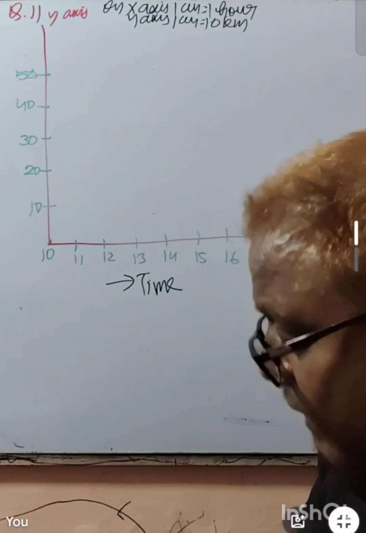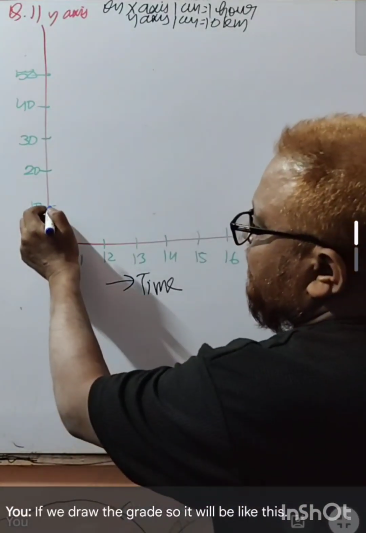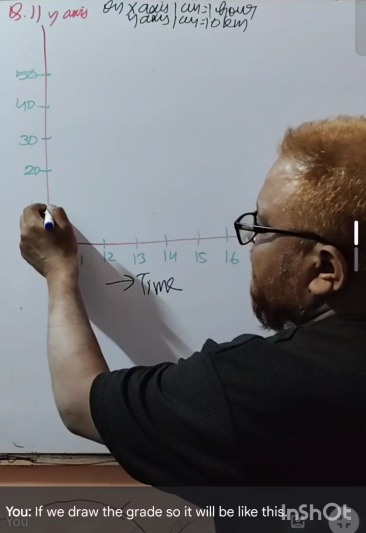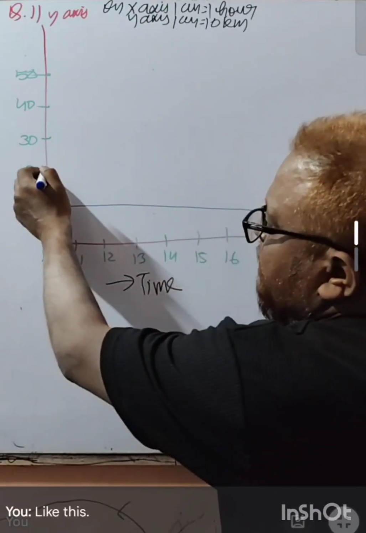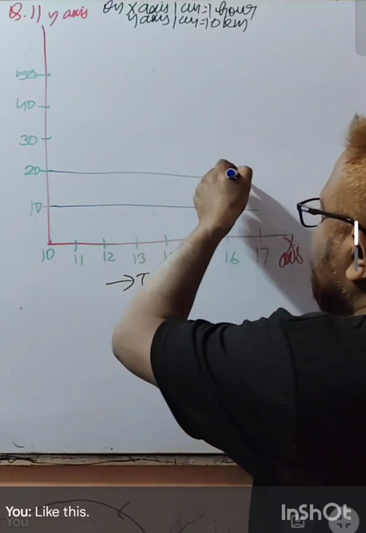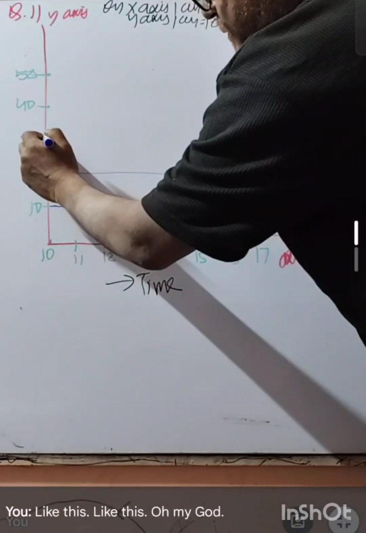If we draw the grid, it will be like this. Like this. It's like this.